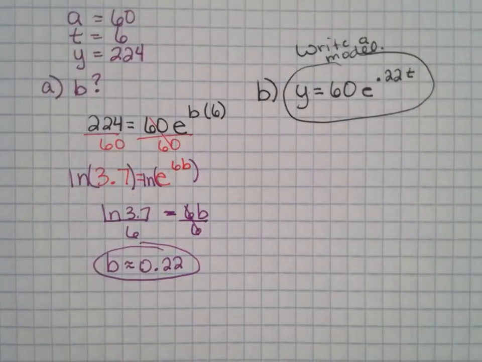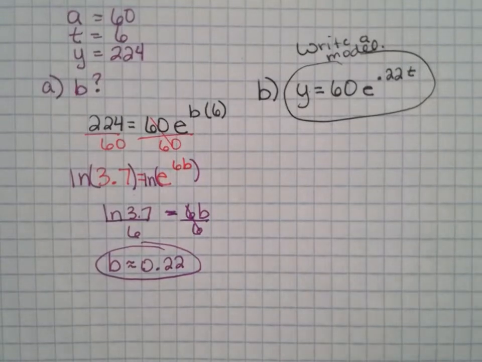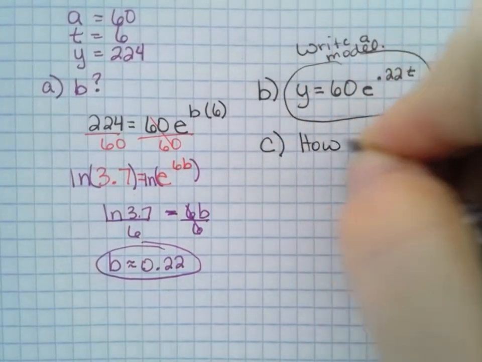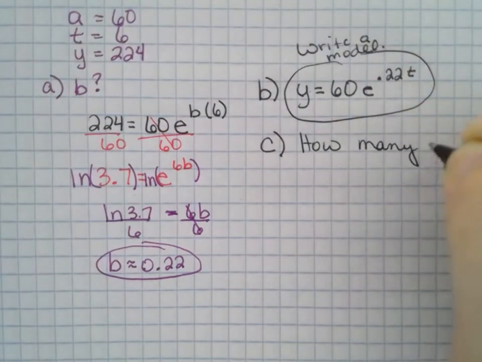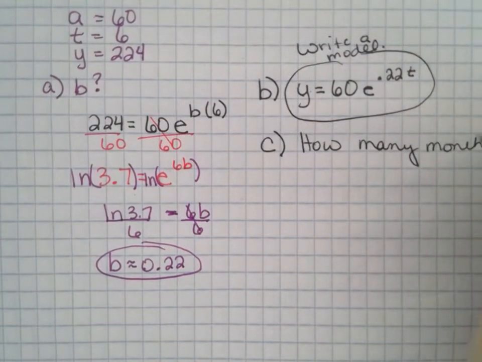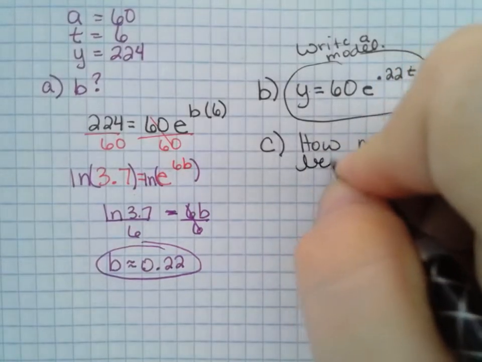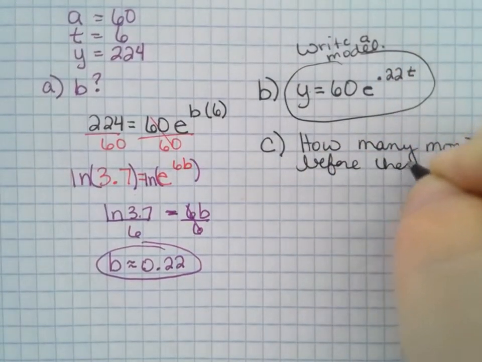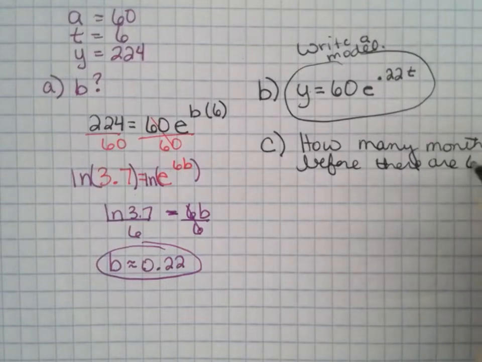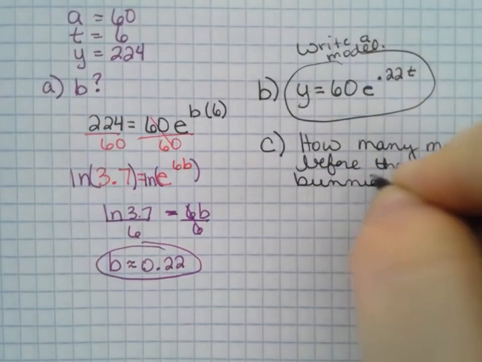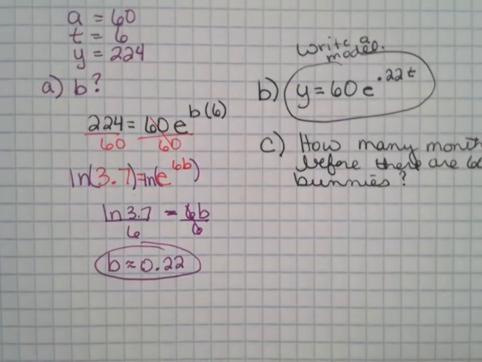Okay? The final thing I could ask is, like, I could give you a scenario. How many months before there are 600 bunnies?